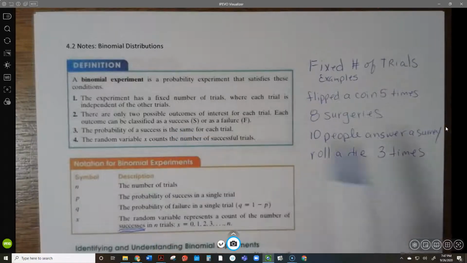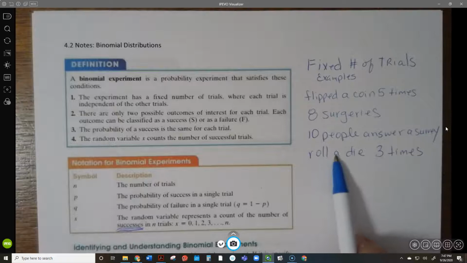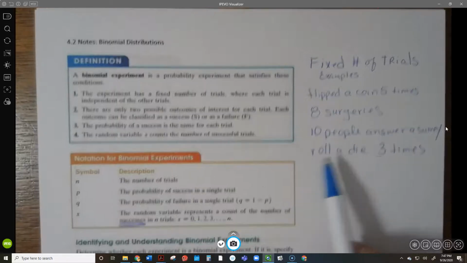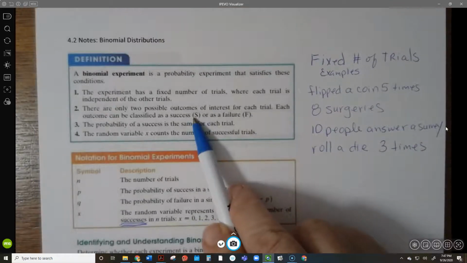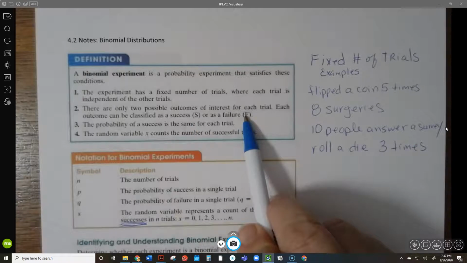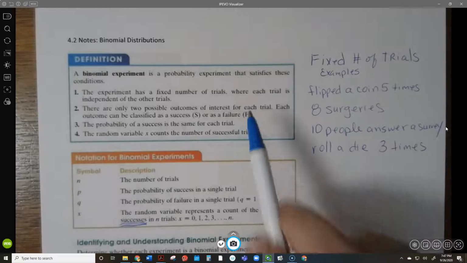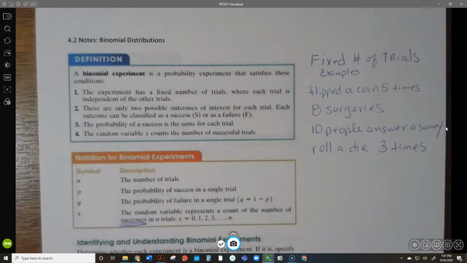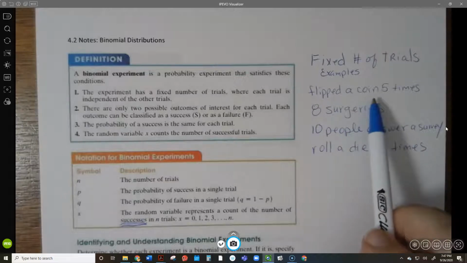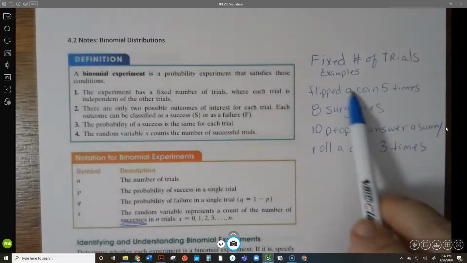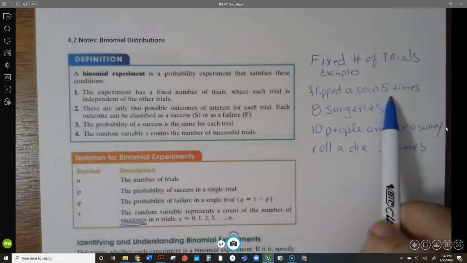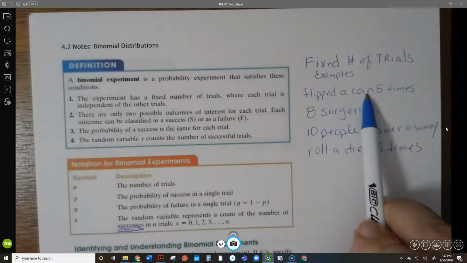You could also define success to be landing on an even number. So you either land on an even number and get success, or you don't land on an even number and get failure. So it opens up a whole lot of things. When I first started teaching this, I somehow managed to make the whole class believe that you could only do things that had 2 outcomes, like flip a coin.